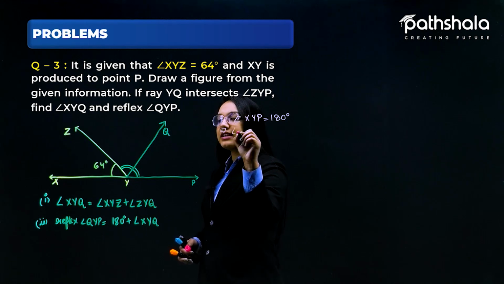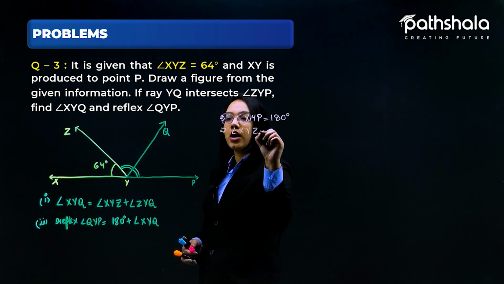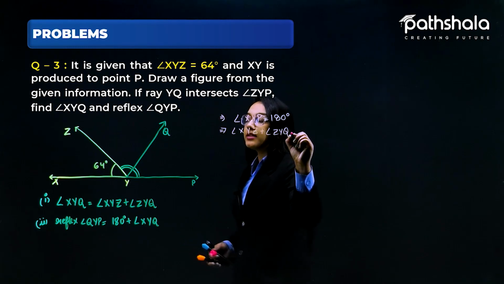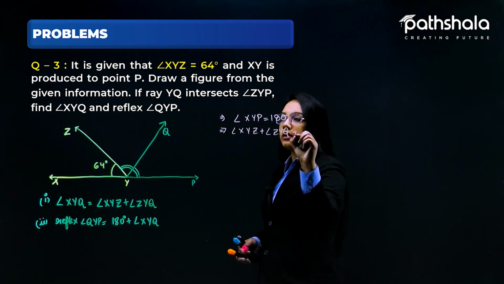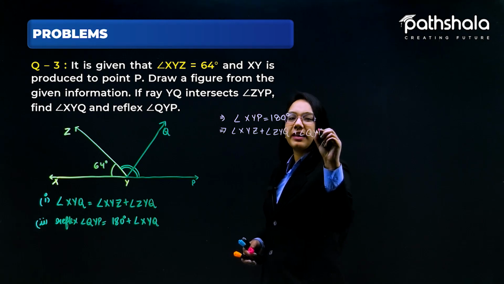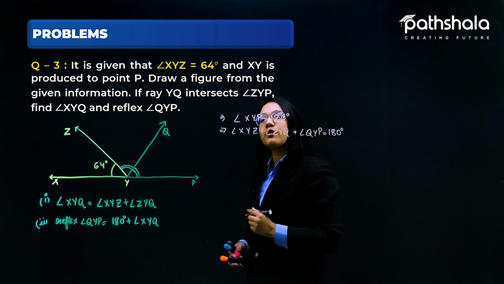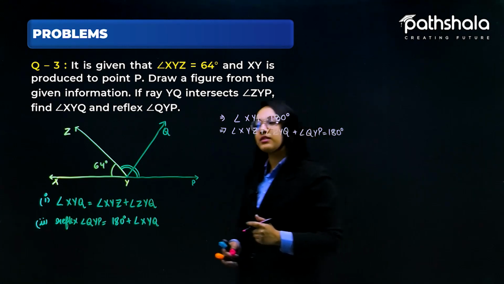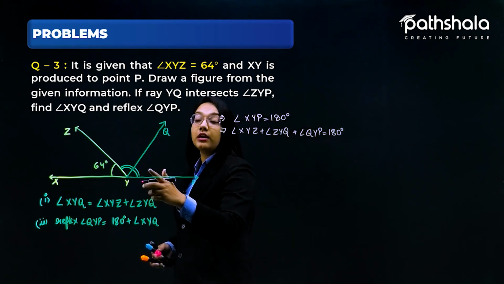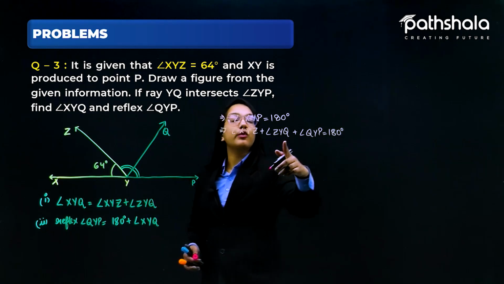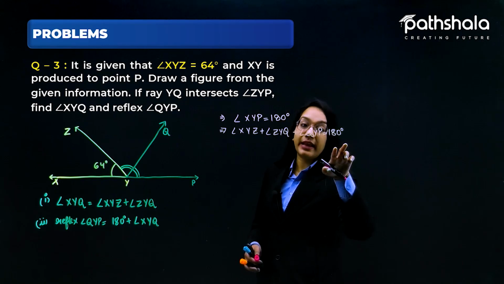Further we can write it as angle XYZ plus angle ZYQ plus angle QYP is equal to 180 degrees. It means in place of XYP, we can write XYZ plus ZYQ plus QYP, which is equal to 180 degrees.